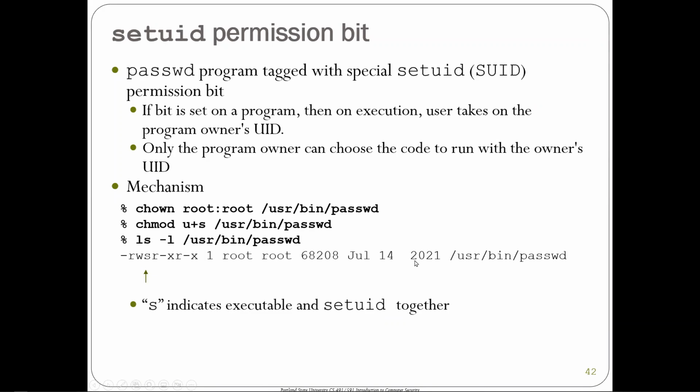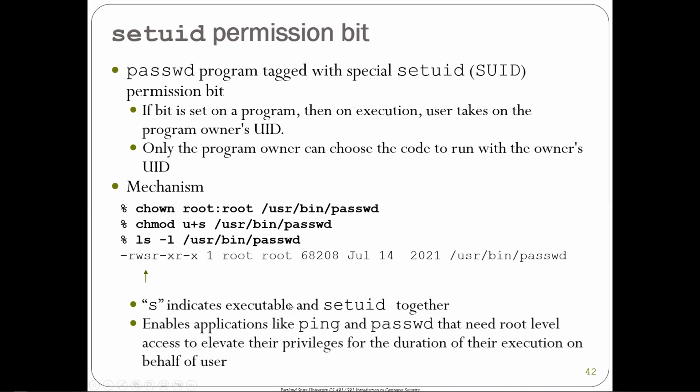And then moreover, upon execution, because it's the user set UID bit that's set, you run this program as root in this case. So this basically enables applications like ping and passwd that need root level access to elevate their privileges for the duration of their execution, but to be able to be invoked by a regular user. So the regular user is accessing these privileges in a controlled way.